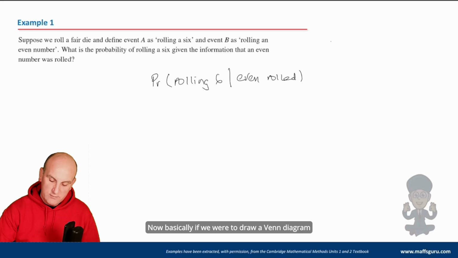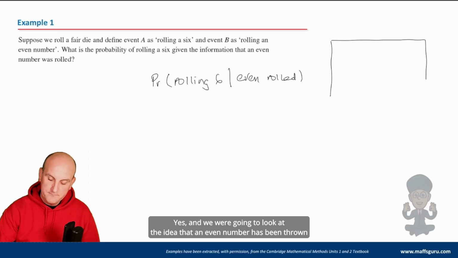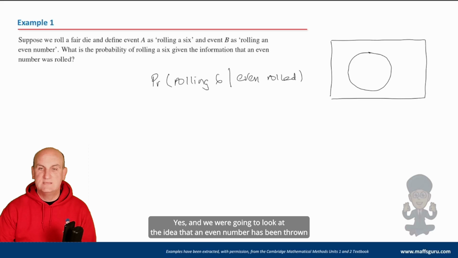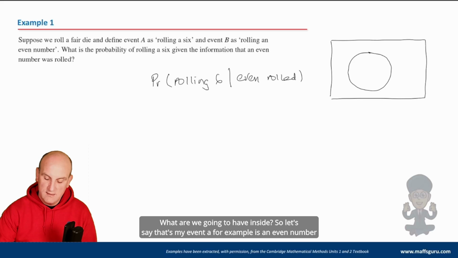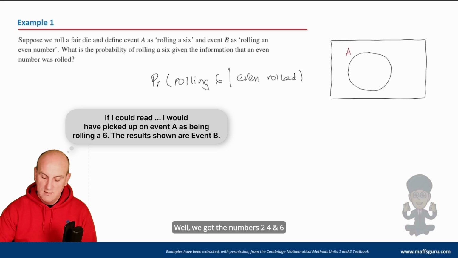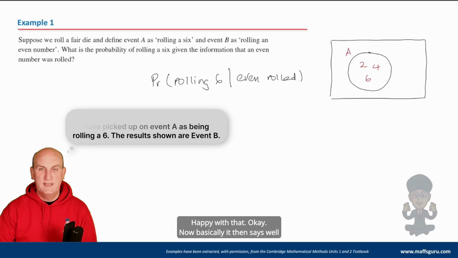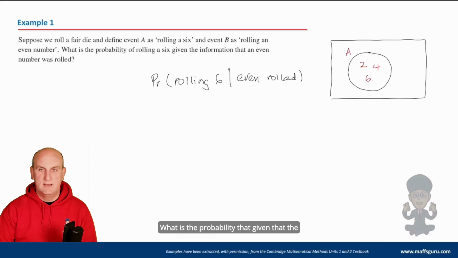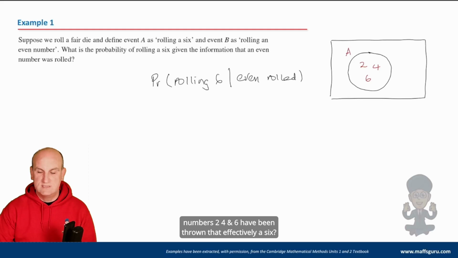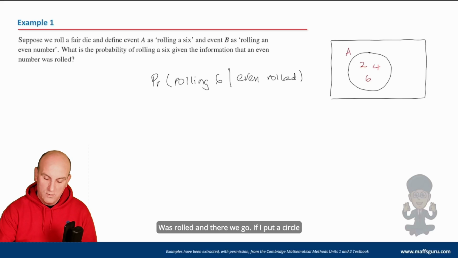Basically, if we were to draw a Venn diagram, and we look at the idea that an even number has been thrown, what are we going to have inside? Let's say that's my event B, an even number. Well, we've got the numbers 2, 4, and 6. Now it asks, given that the numbers 2, 4, and 6 have been thrown, what is the probability that a 6 was rolled?